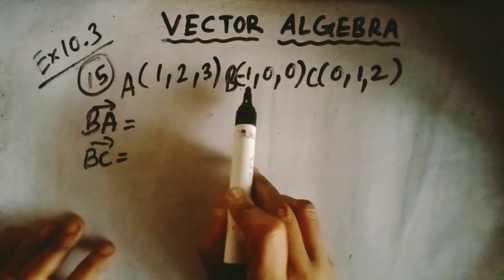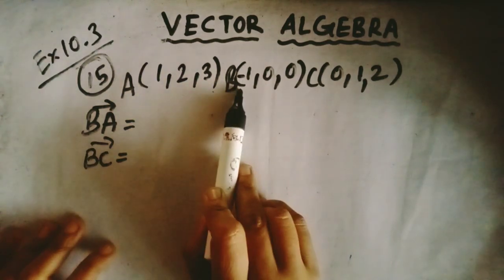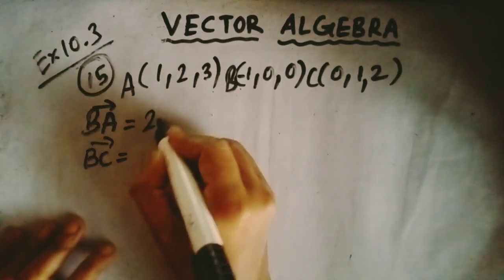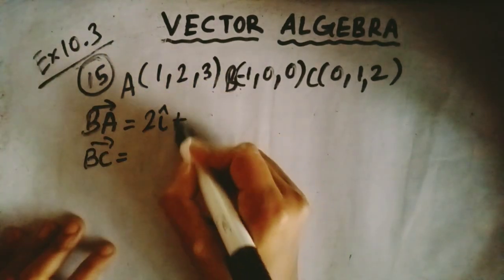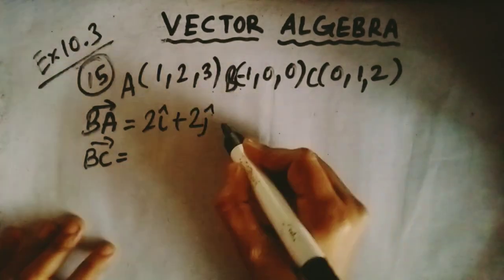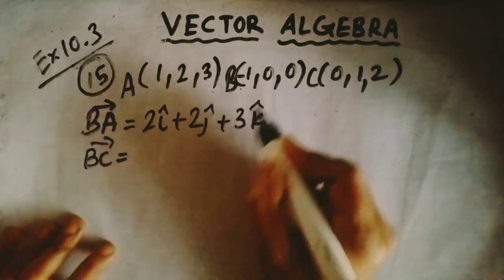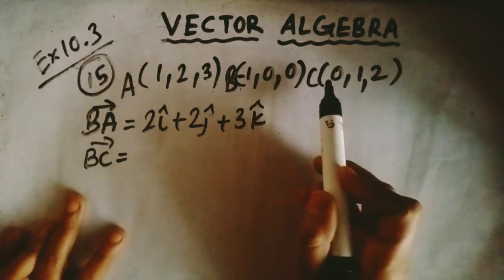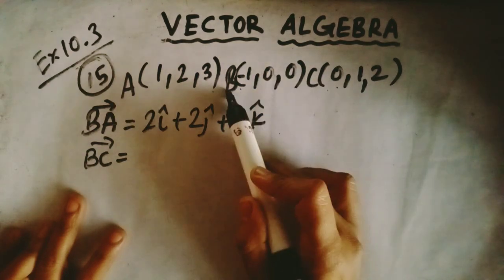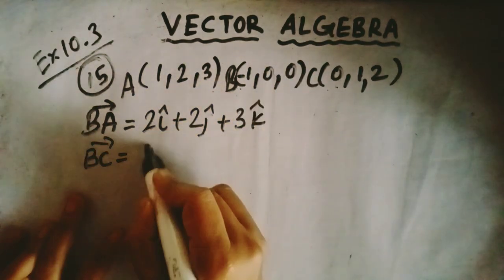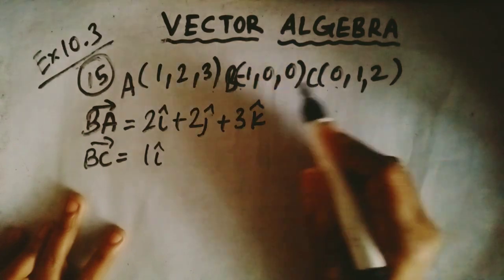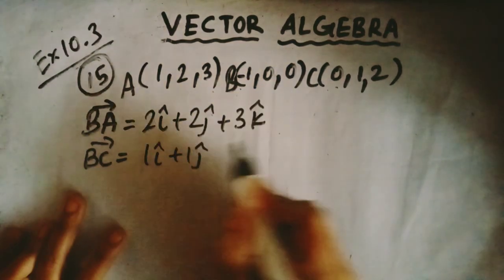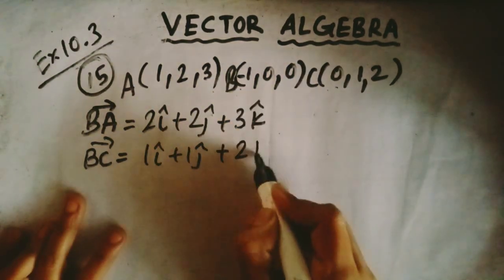Okay, so BA, so A minus B, 1 plus 1 2I, 2 plus 0 2J, 3 plus 0 3K. BC, so you have to take C minus B, 0 plus 1I, 1 minus 0, 1J, 2 minus 0, 2K.